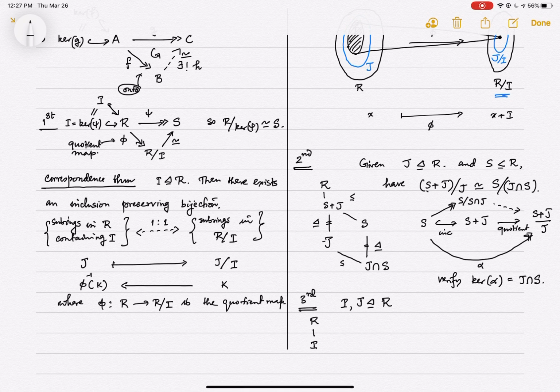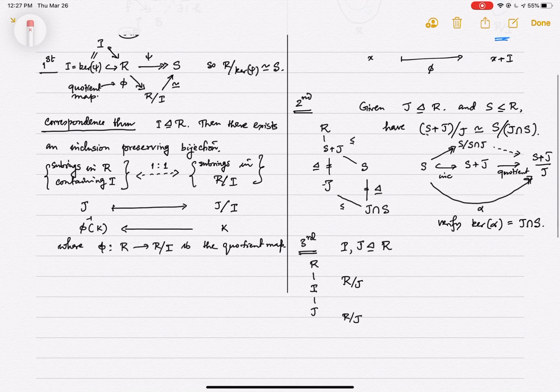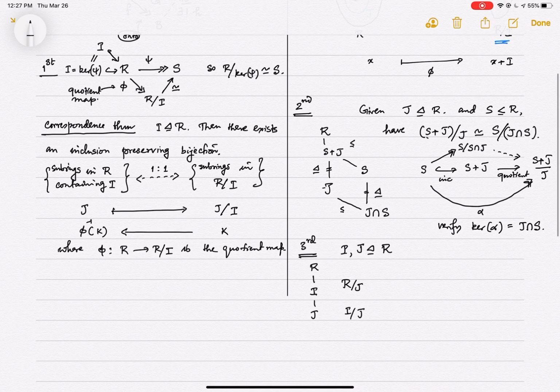I is in R, and J is in I. Then you could either quotient out by J first, so you'll get R mod J, I mod J, and then quotient out by I mod J. So this is after quotienting out, and J mod J, which is 0. Then it says that this quotient is equal to that quotient.